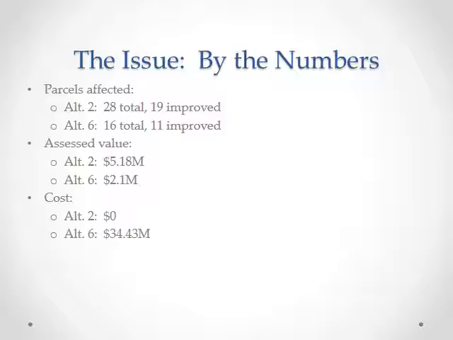That's not the net present value, which is also in there; it's lower because it's reduced by the discount rate. But that's the point I wanted to make. These are the two endpoints: doing nothing and building a terminal groin. 8 properties, $3 million, for a cost of $34 million.